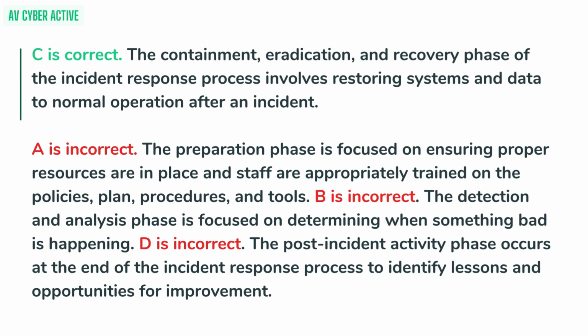B is incorrect. The detection and analysis phase is focused on determining when something bad is happening. D is incorrect. The post-incident activity phase occurs at the end of the incident response process to identify lessons and opportunities for improvement.